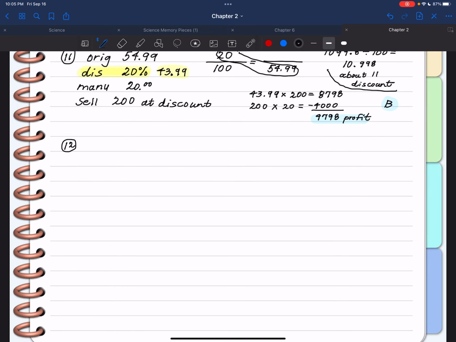Number 12. Which item saves you the most money? The original price is $12. I'm going to copy that.